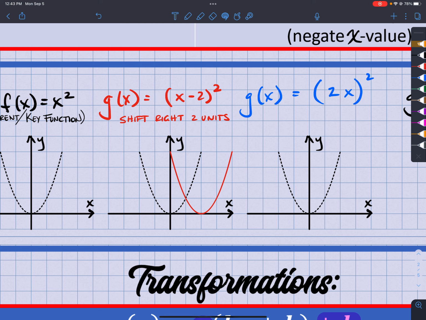If you notice, the 2 is inside the parentheses, right? The square term we really don't have to worry about because the square term is already here. I recognize it as the x squared, but I don't need to do anything with it. Since this says to multiply by 2, I actually divide by 2. And what am I dividing by 2? The x value.